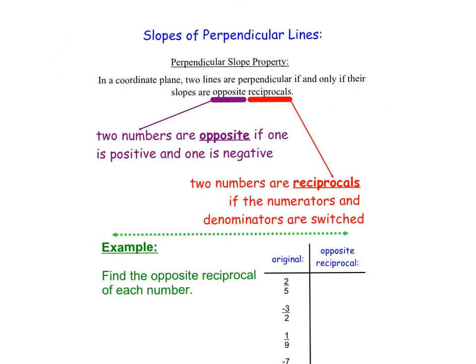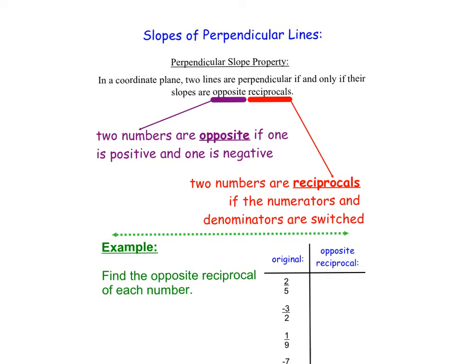All right, let's move on to slopes of perpendicular lines. So here we have the perpendicular slope property. In a coordinate plane, two lines are perpendicular if and only if their slopes are opposite reciprocals. So first let's look at two line segments.